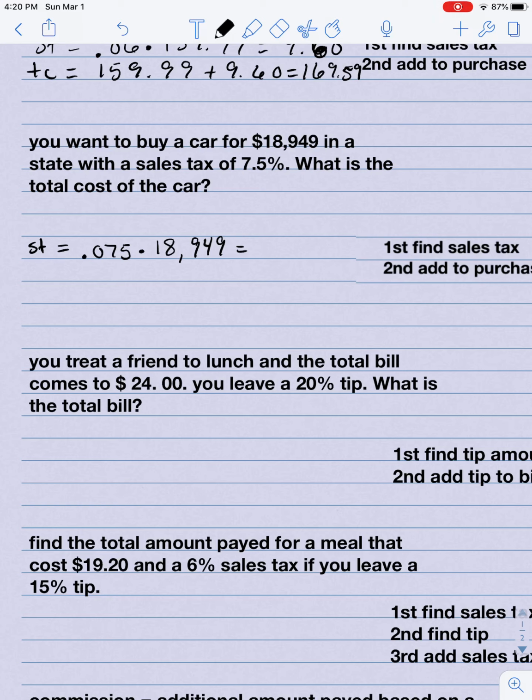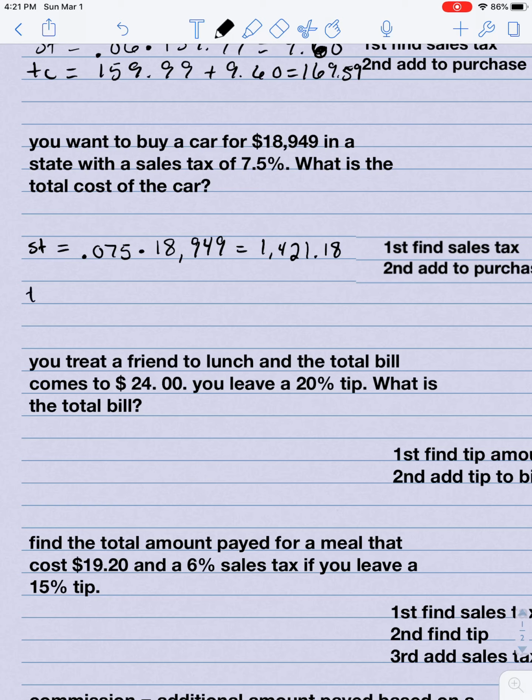And what we'll find is that our sales tax just for that car is going to be $1,421. And I'm just going to round that to 18 cents. So you're paying that much on top of the price of the car.